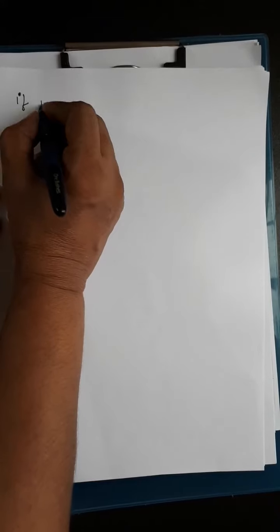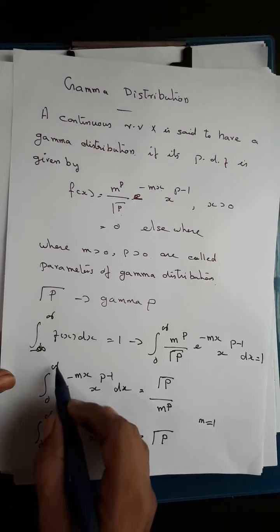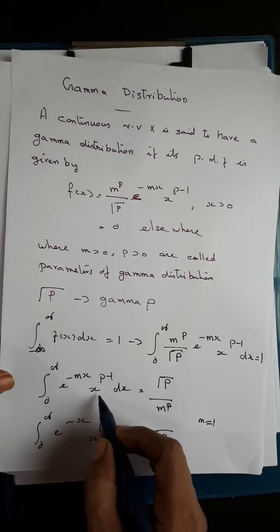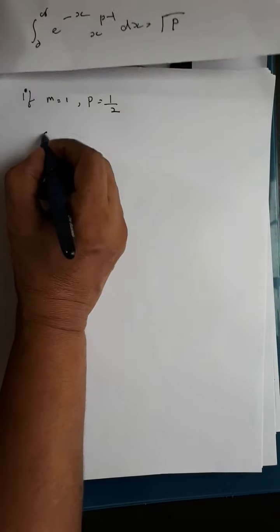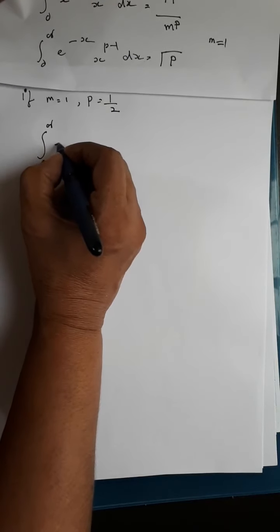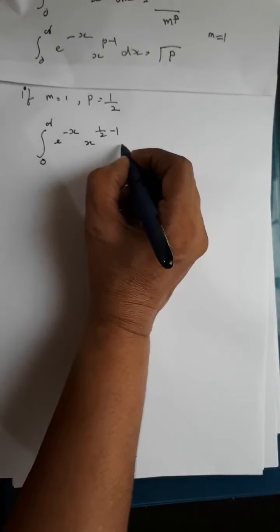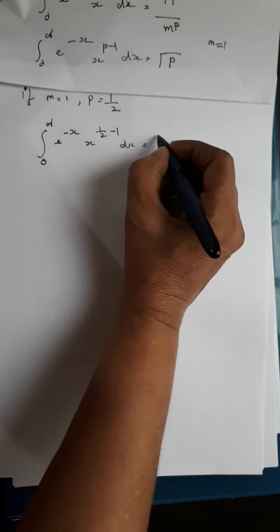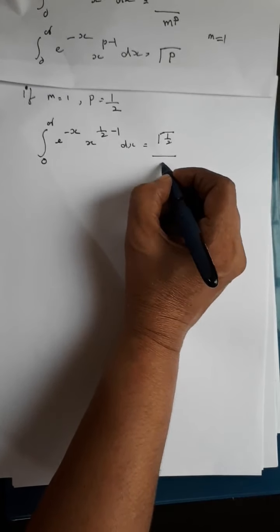If m equal to 1 and p equal to 1 by 2, the expression integral 0 to infinity e raised to minus x x raised to p minus 1 dx becomes integral 0 to infinity e raised to minus x x raised to 1 by 2 minus 1 dx is equal to gamma 1 by 2 divided by 1.